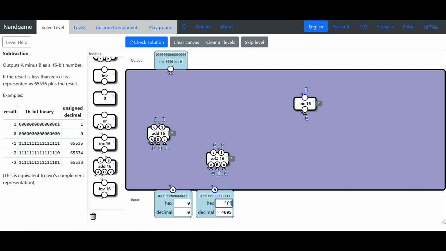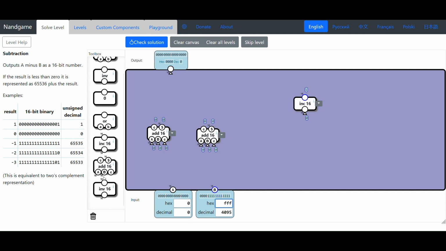We'll need to invert it and then add 1. We'll need to add 1 to bring this down to negative 4095 to represent this value here.